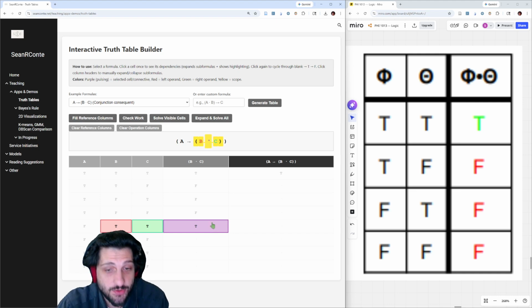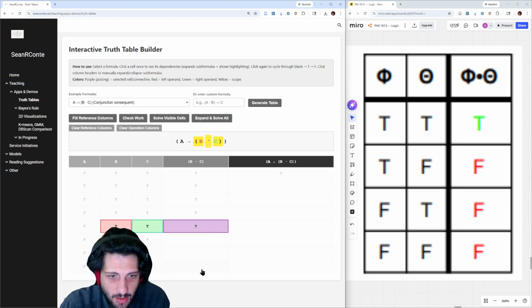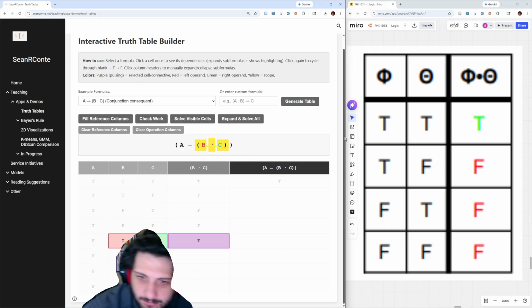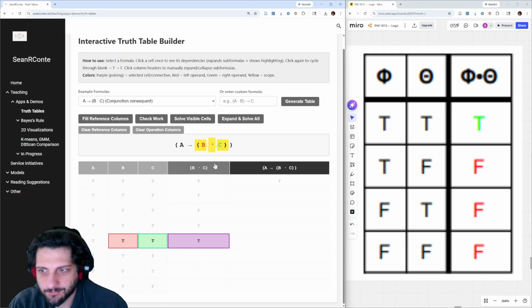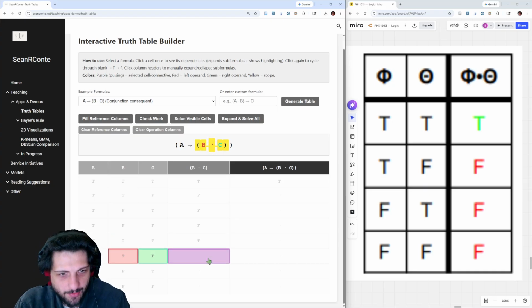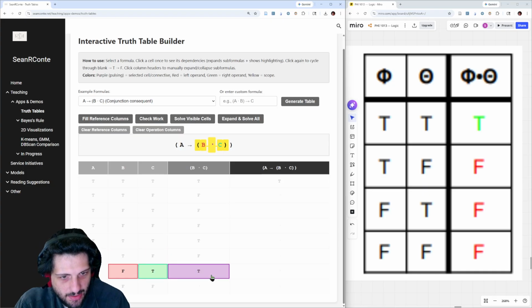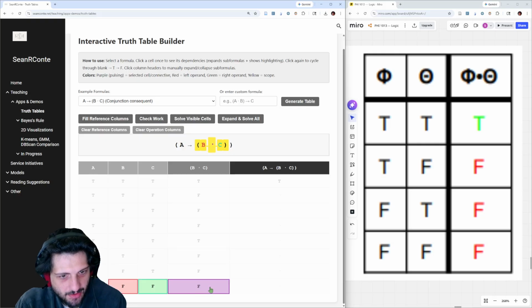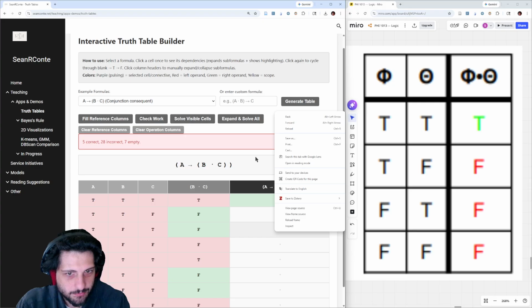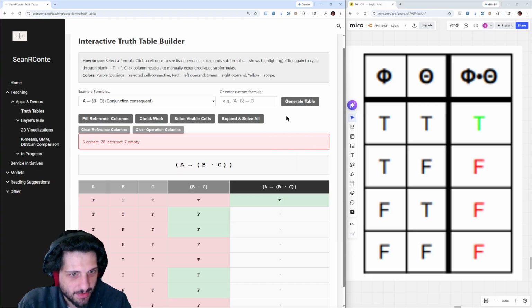True because we do have both. True because I do have both. Here, false. Here, it's false. Here, it's false. And I can also check my work.